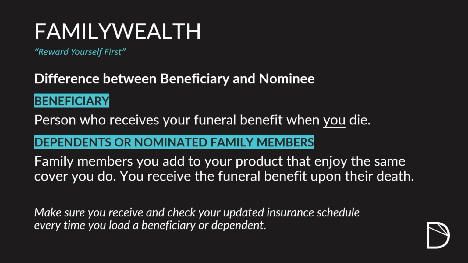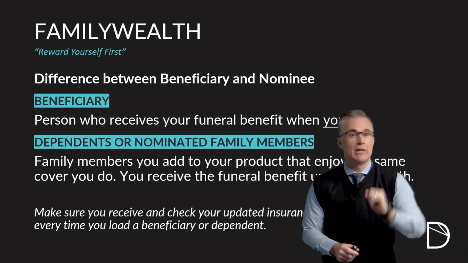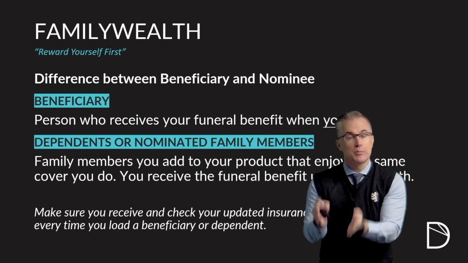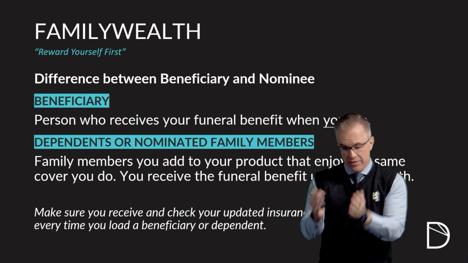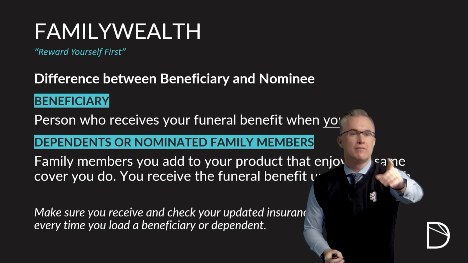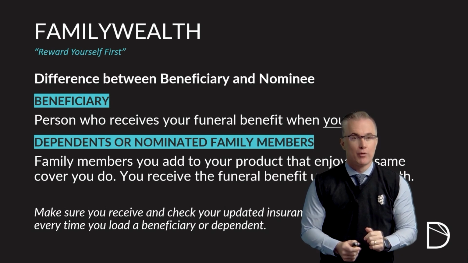An extended, dependent, or nominated family member is the individuals you've loaded to your policy who you will receive the cover benefit for when they pass away. So again, using the 20,000 Rand example, if say your spouse is loaded as a dependent or an extended family member on your policy and they pass away, you now receive the 20,000 Rand cover for the policy.